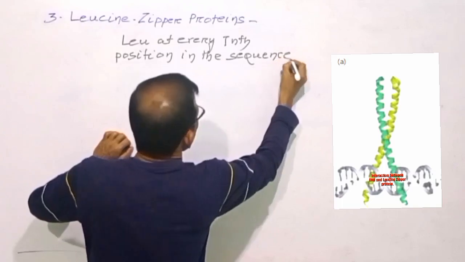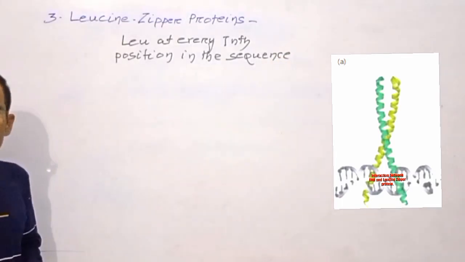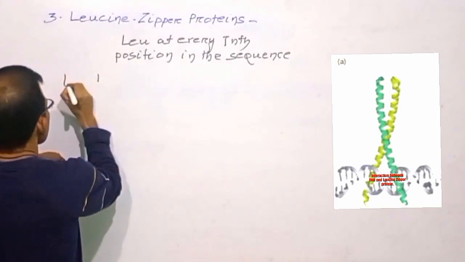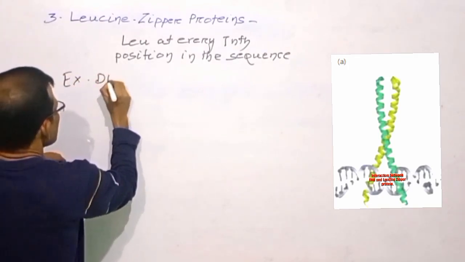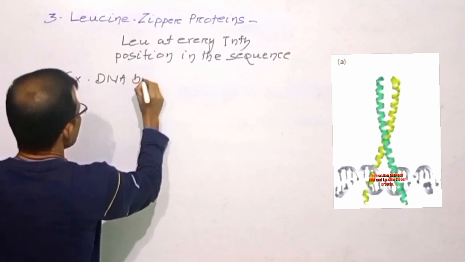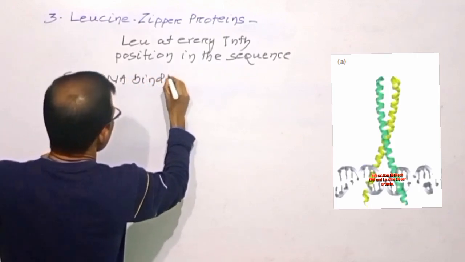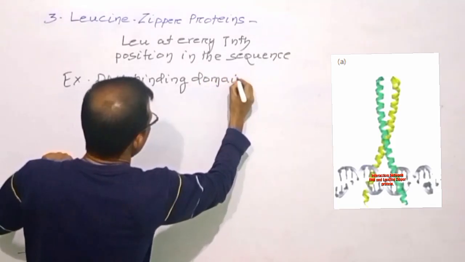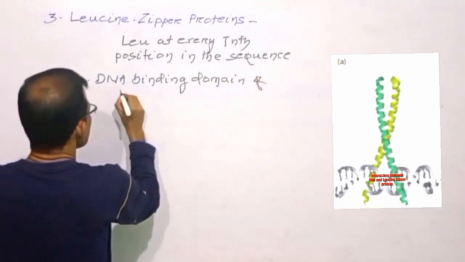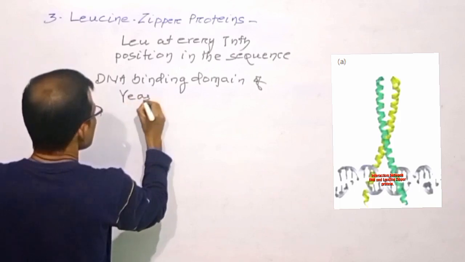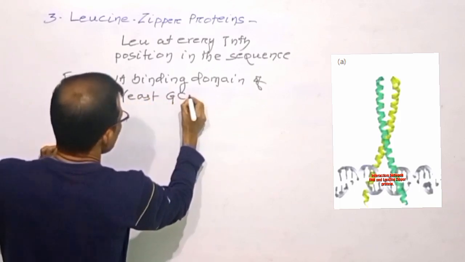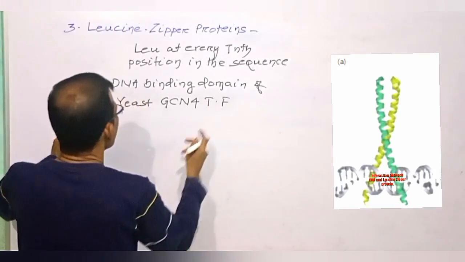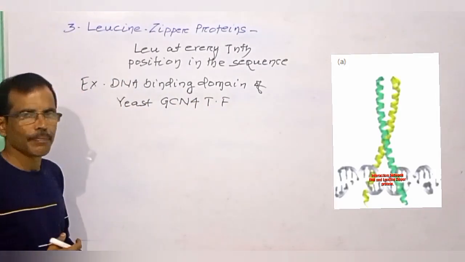These proteins bind DNA as a dimer. The DNA binding domain of yeast GCN4 transcription factor is an example of a leucine zipper domain.